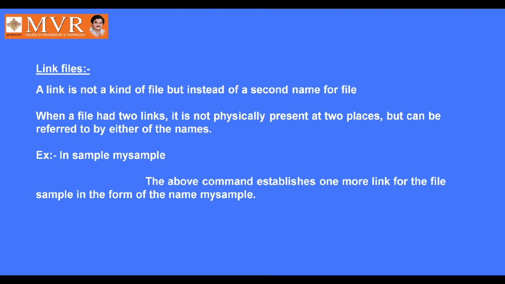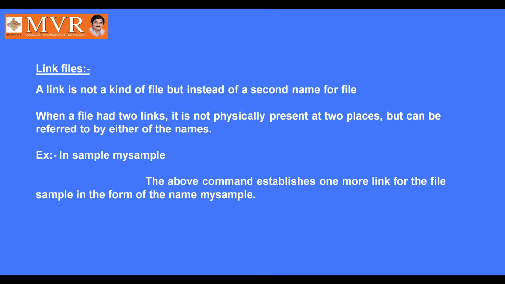A link in Unix is again a file, but it is not a physical file. It is something like an alias name. For example, people have many names, like nicknames and original names. Similarly, a file may also have some links.